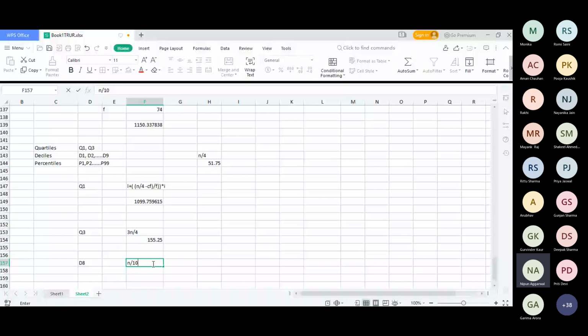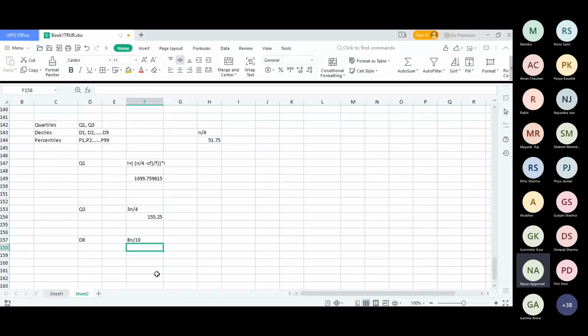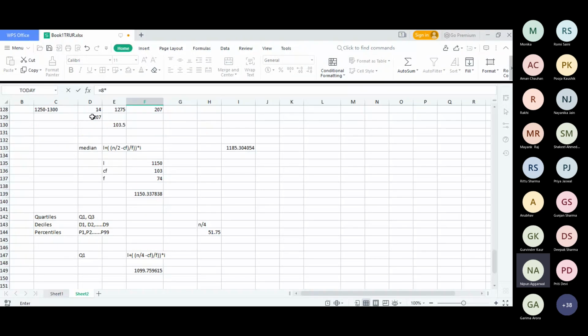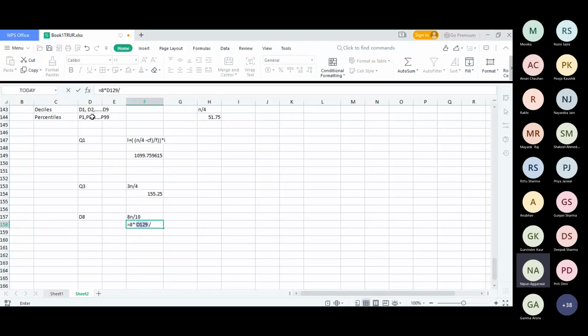And as we have to calculate D8, it becomes 8n by 10. So D stands for n by 10 and D8 is 8n by 10. So 8n by 10 is equal to 8 multiply by n, n is 207, and divided by 10.